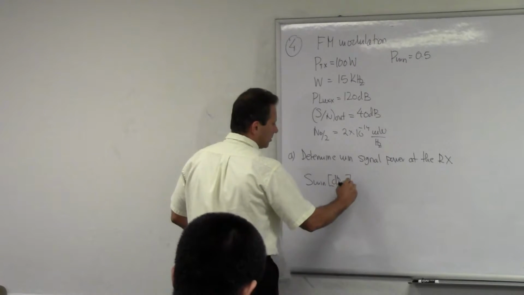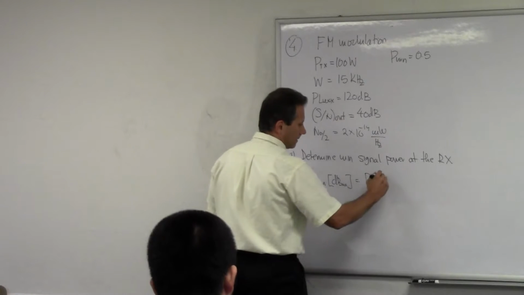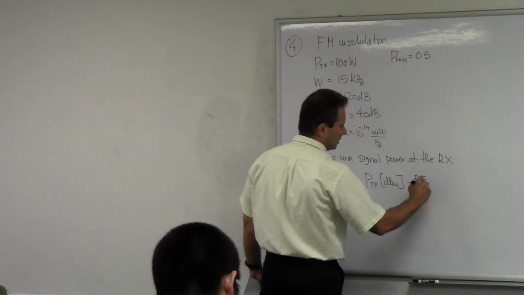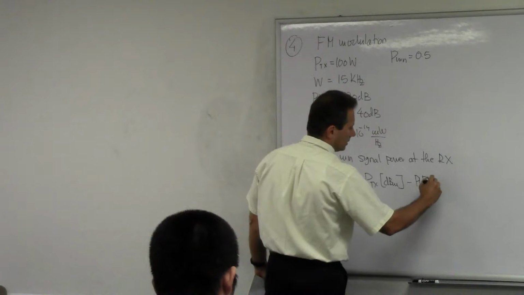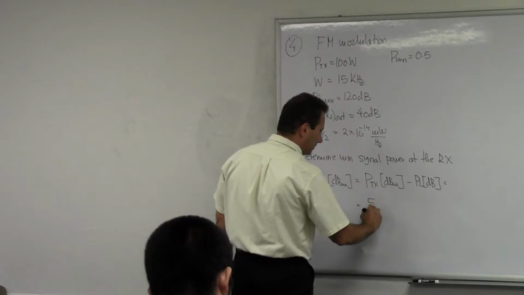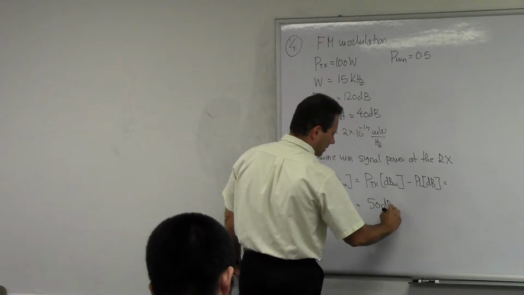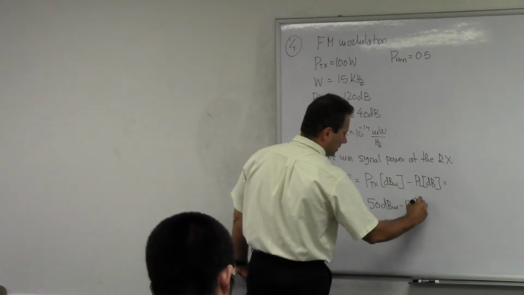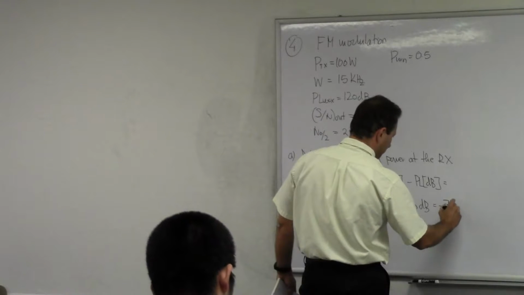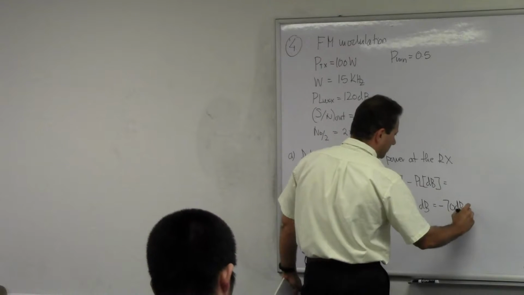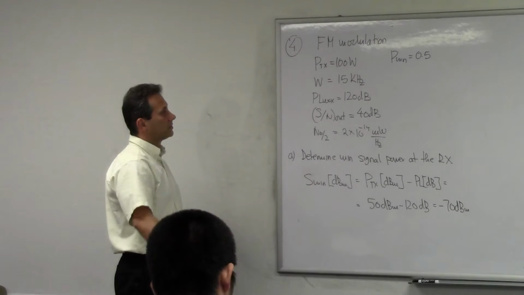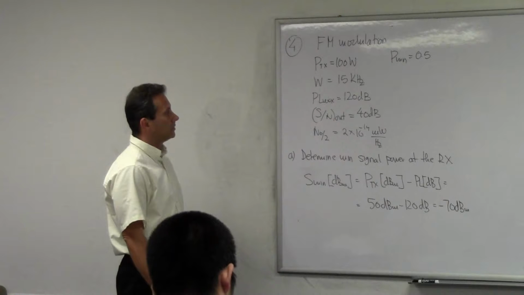It's going to be my transmit power in dBm minus the path loss in dB. In this case, 100 watts is 50 dBm, minus 120 dB. So this gives me a power of minus 70 dBm. So that's the power that my signal will have at the receiver at the furthest distance, or the furthest path loss point.